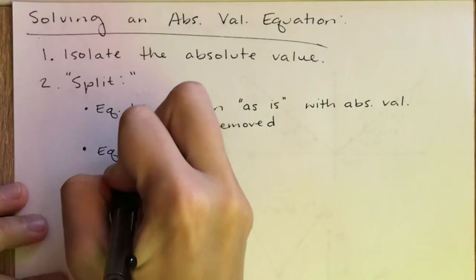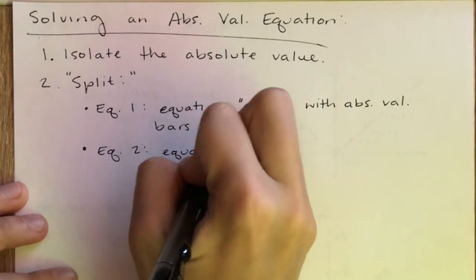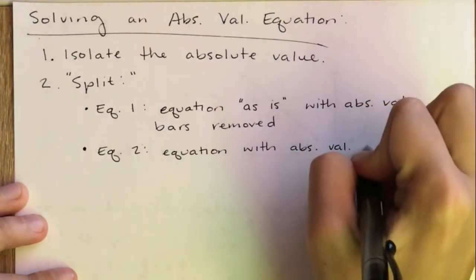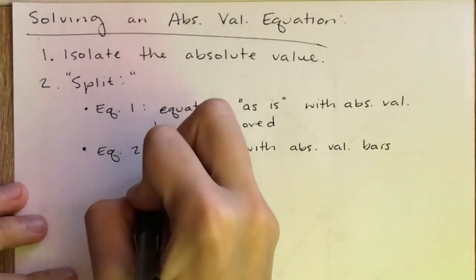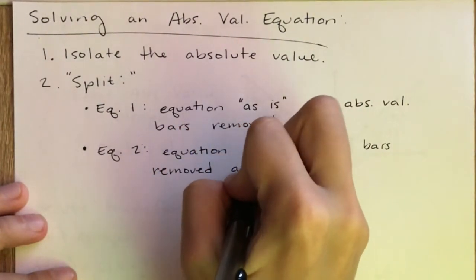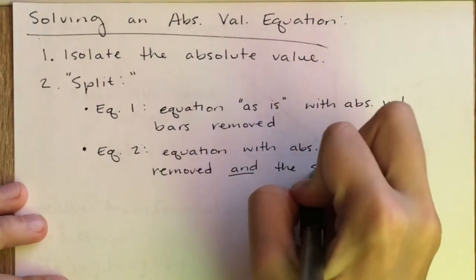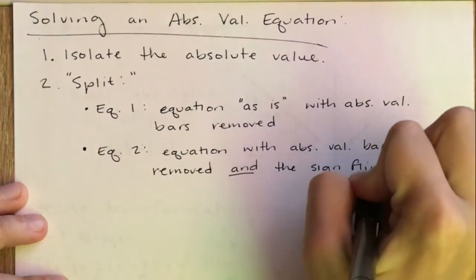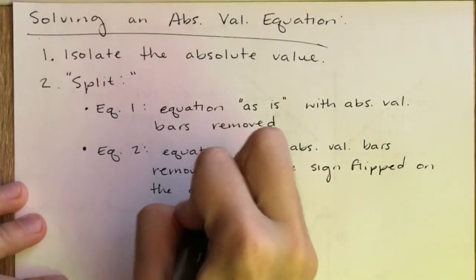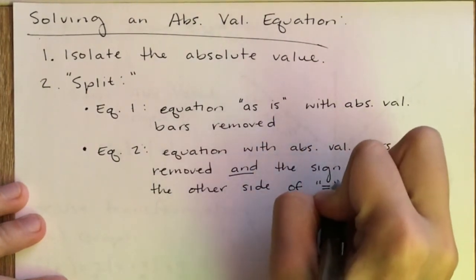And then we have equation 2, which is the equation with absolute value bars removed and the sign flipped on the other side of the equal sign.